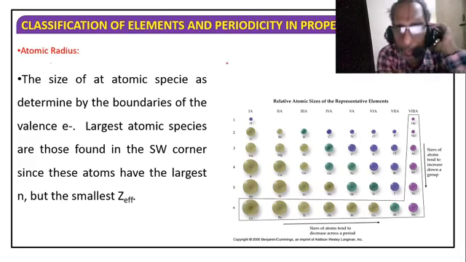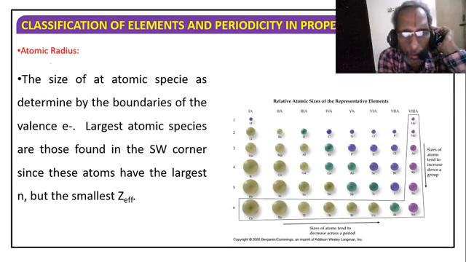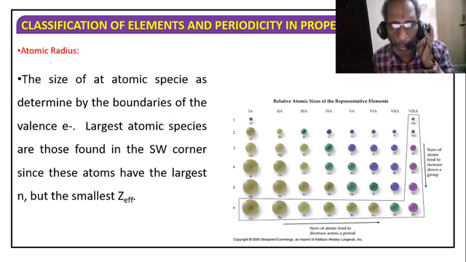That is why it is called ionization potential or ionization energy. We will see the complete definition later. Ionization is the process of conversion of a neutral atom to a positively charged species, a cation. For that we have to supply energy. So the energy required to ionize an atom is called ionization energy or ionization potential.